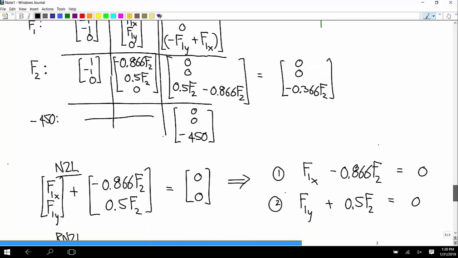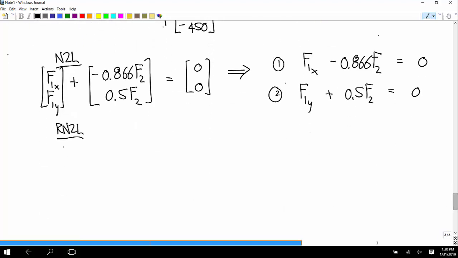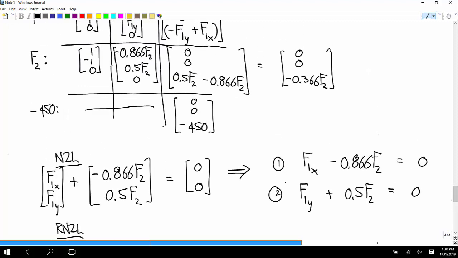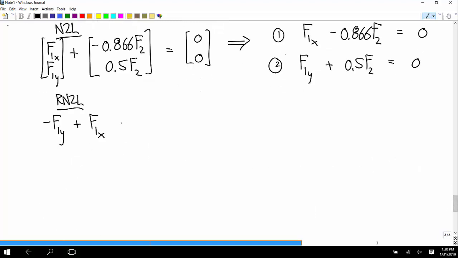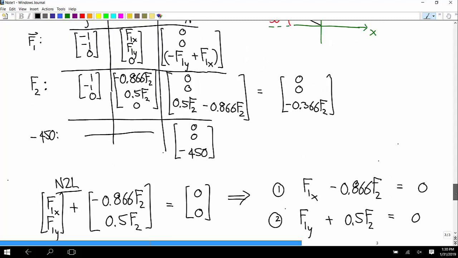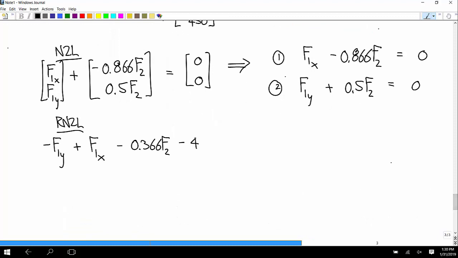So we have negative f1y plus f1x minus 0.366 f2 minus 450 is equal to 0. Because in statics, when you add up all the moments, they have to equal 0.